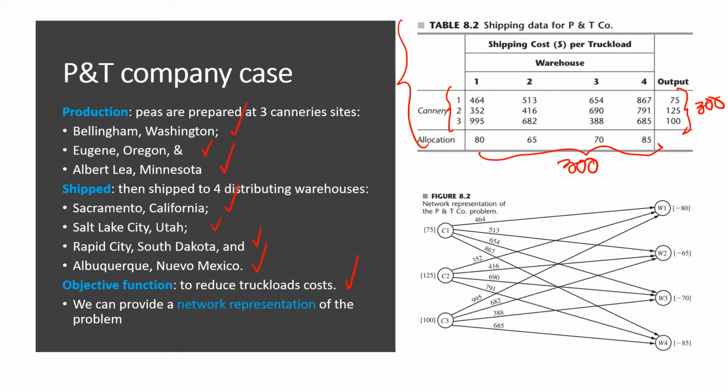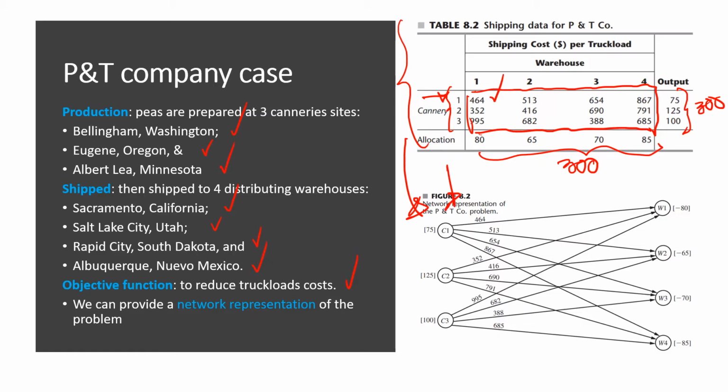That means it's balanced. In the center, we're going to have what we call the unit cost for each truckload. That means if I send 1 truckload from the cannery of Bellingham to Sacramento, my unit cost per truckload is $464.